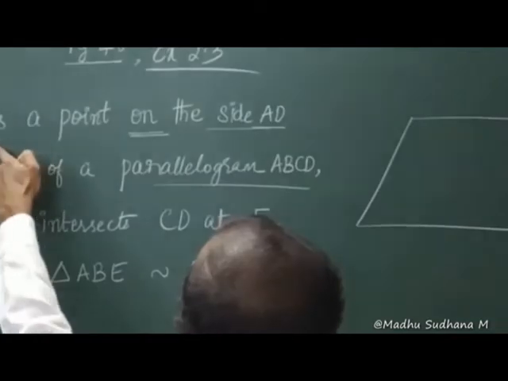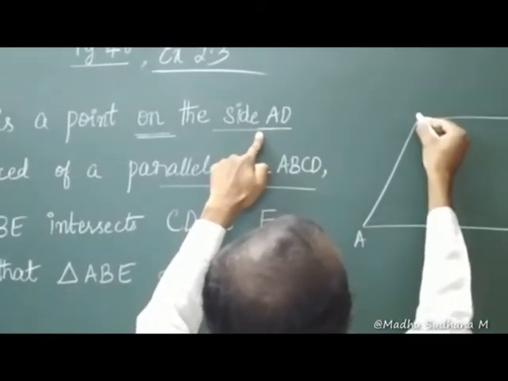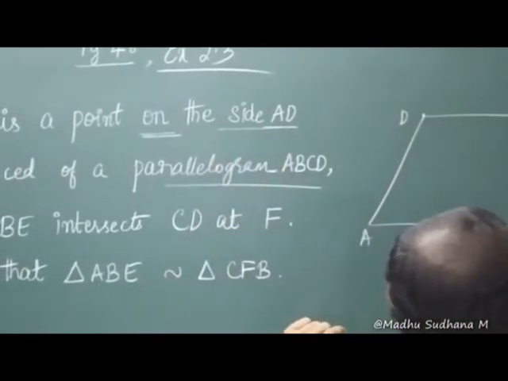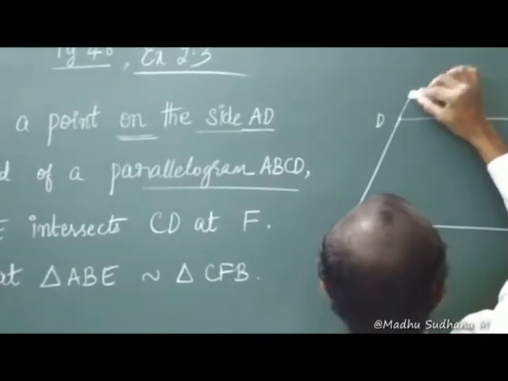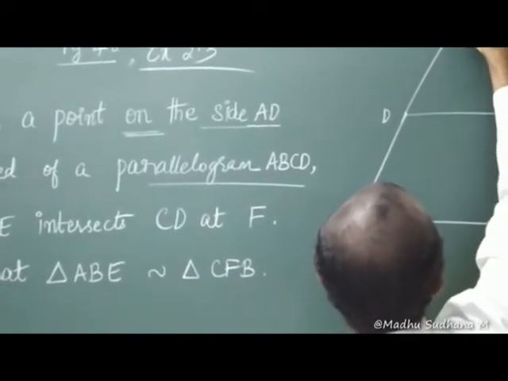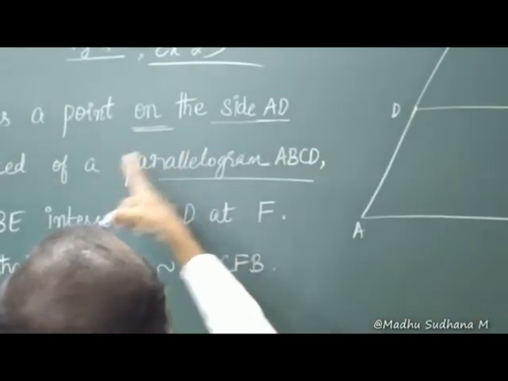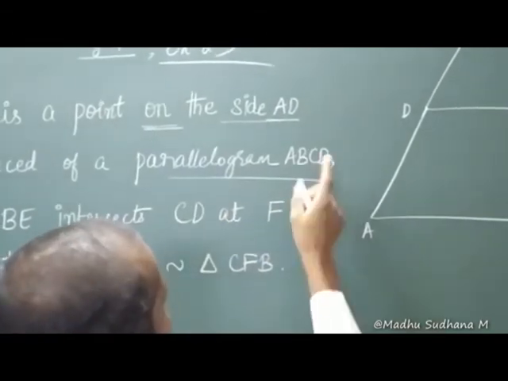So side AD produced, if I write A and this point as D, then this is B and this is C. AD produced. So let me extend this, and somewhere this is a point E. E is a point on this side AD produced of a parallelogram ABCD, okay, up to here.